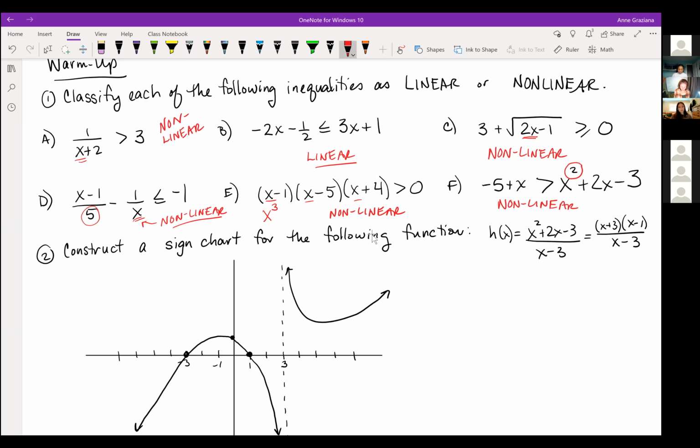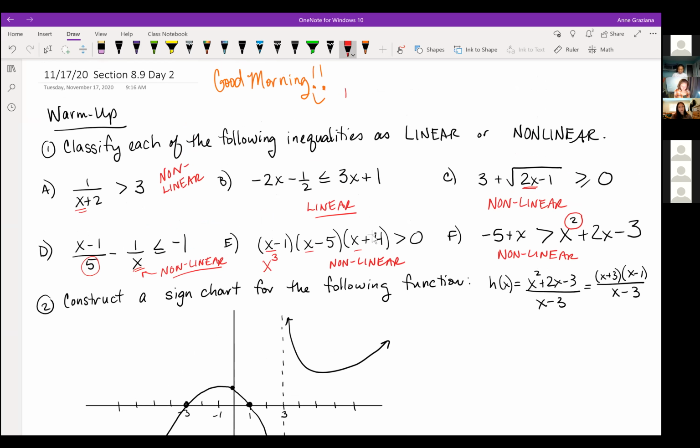So the key idea here is that nonlinear inequalities require a sign chart to solve.